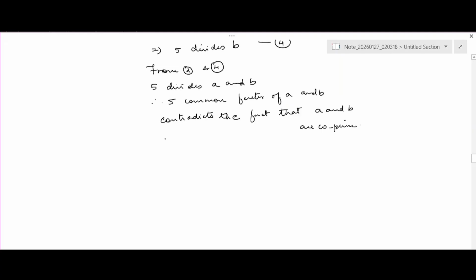So our assumption is wrong. Therefore 7 root 5 is irrational.